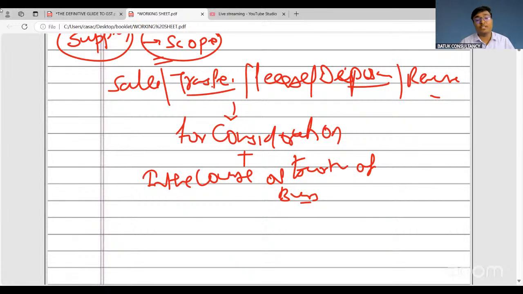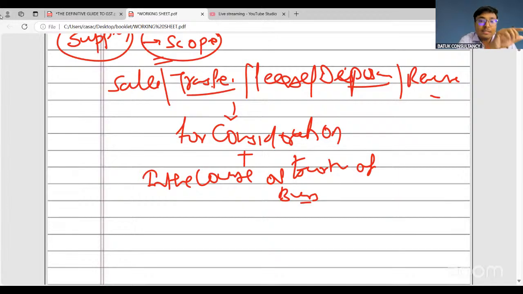If these types of things happen in the market, everyone is going to transfer certain things and say that I am not transferring for a consideration, so no GST will be applicable, and that person is not going to pay GST.